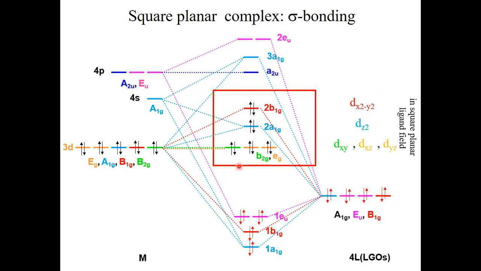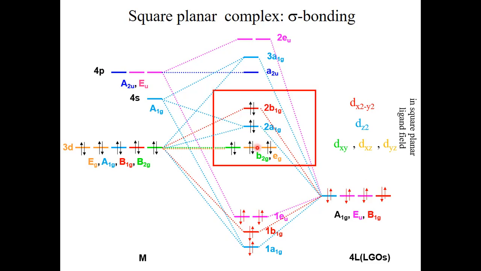So now I see here again the analogy between ligand field theory and crystal field theory. Just like the metal d orbitals split in energy in a square planar crystal field, the d orbitals also split in energy in square planar ligand fields.